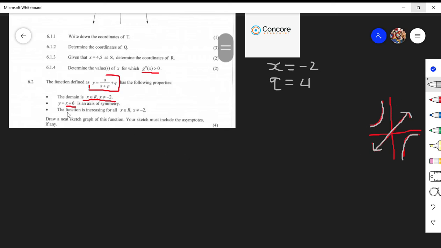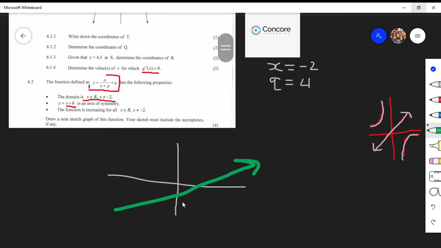Now our third bullet point, the function is increasing for all x an element of real numbers where x is not equal to 2. So now they say that the function is an increasing function. So remember I explained increasing and decreasing functions before when I did my recap. So an increasing function, for example, let's use a straight line function, right?